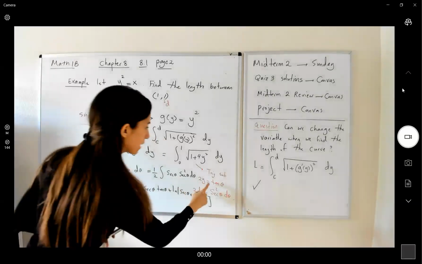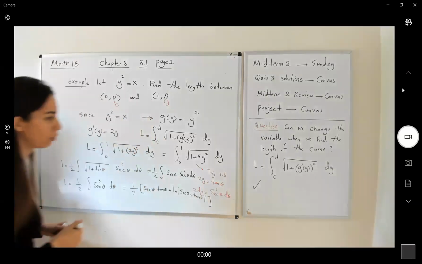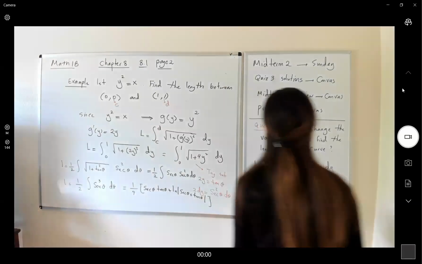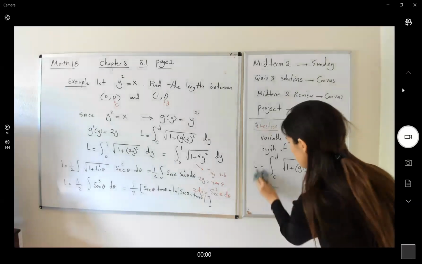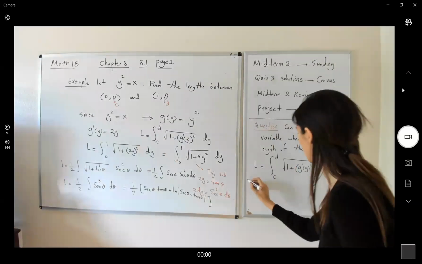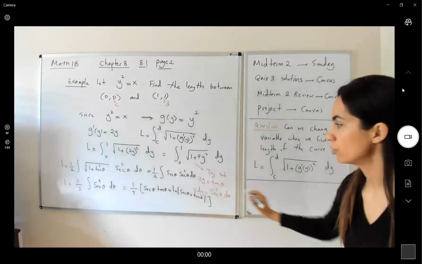So remember that our tangent theta is equal to 2y. We need to find the lower and upper limit. So take a look at this. What do we have here?